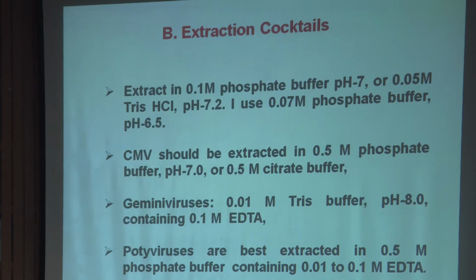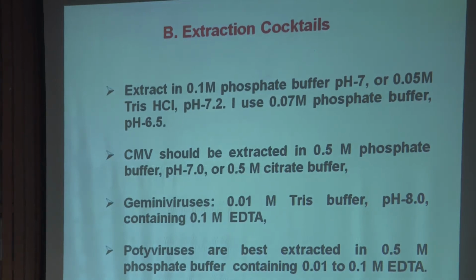Then the extraction cocktail. For different viruses we need a different type of buffer, and different molarity and pH of the buffer. Generally we are using 0.07 molar, pH 6.5.